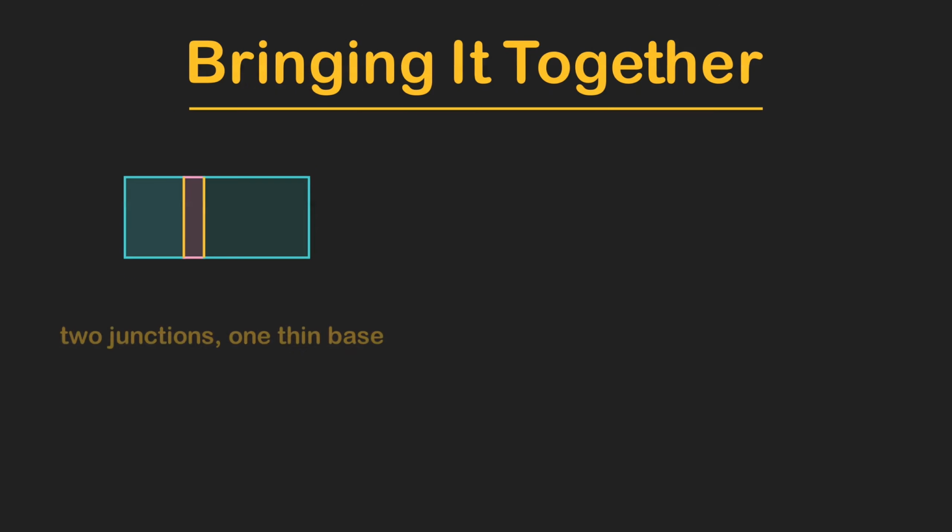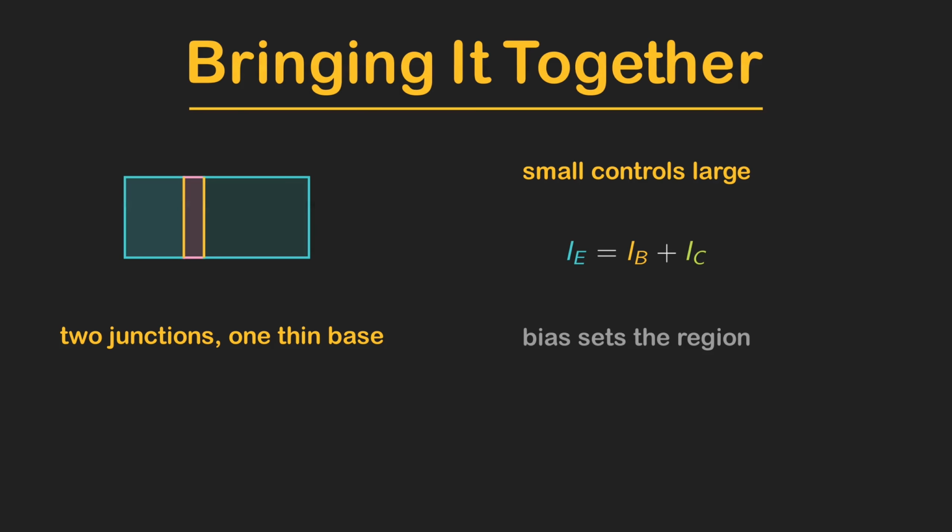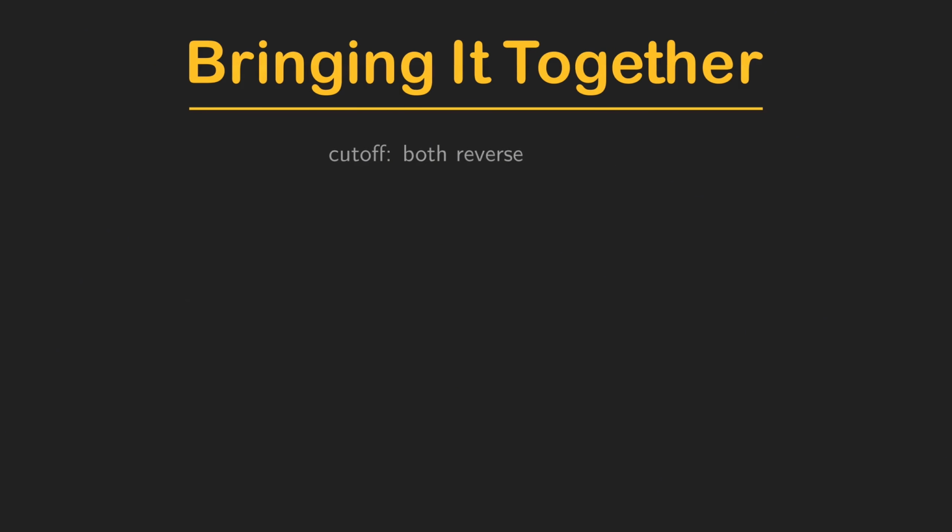So let us pull this entire topic together into one clear picture. A transistor is two junctions that share one thin base. Through injection and collection, it lets a small current control a much larger one. The emitter current always equals the base current plus the collector current, no matter what. And the bias of those two junctions sets the region. When both junctions are reverse, you are in cutoff, an open switch.